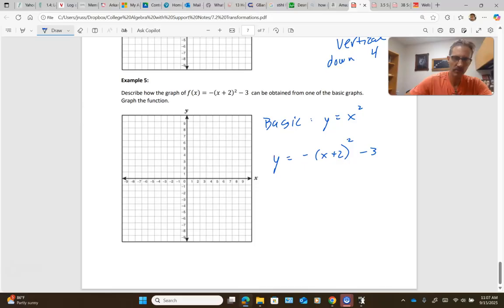Okay. All right, this one actually has 3 transformations going on. So we're going to start inside the parentheses. What's that plus 2 going to do? Well, it will cause a horizontal transformation, okay? And that will shift it to the left 2 units. Remember, it's the opposite of what you think.